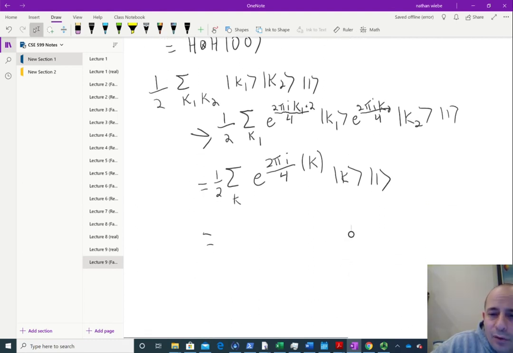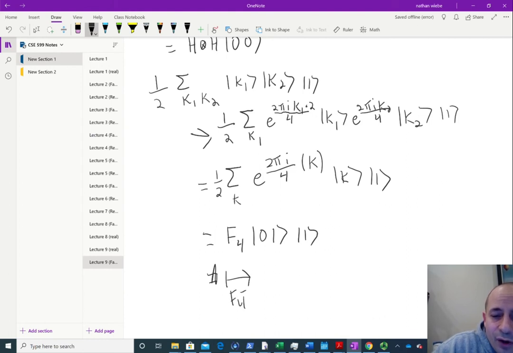So doing the exact same trick, this is F4 acting on 0, 1, 1. And when we apply F4 inverse, this is equal to 0, 1, 1.